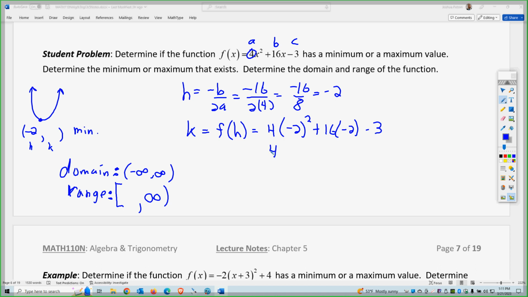So that's 4 times 4 minus 32 minus 3. So that's 16 minus 32 minus 3. So that's negative 16 minus 3. So what do we have? Negative 19? Okay, so negative 19 is the minimum. And the location is at negative 2, negative 19. So this goes down to negative 19 and then up forever, right? That is the end of part 3.